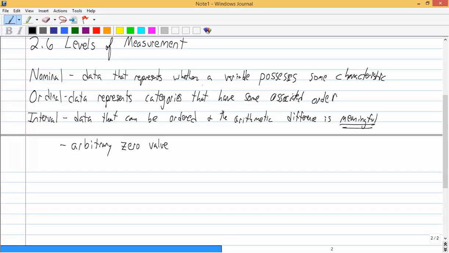Well, the interval data doesn't have a natural zero starting point. What that means is, like with temperatures, even if you have a child that's maybe in the first grade or kindergarten, and they say, well, what's the temperature outside today? And you tell them, well, it's 80 degrees. And then a few weeks later, they say, what's the temperature out today?